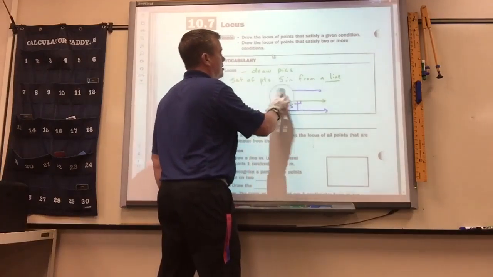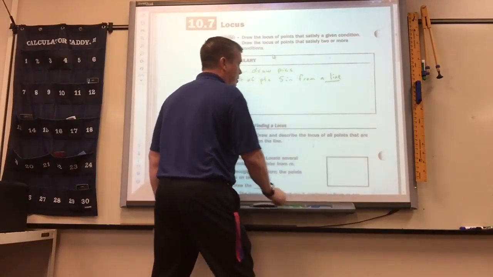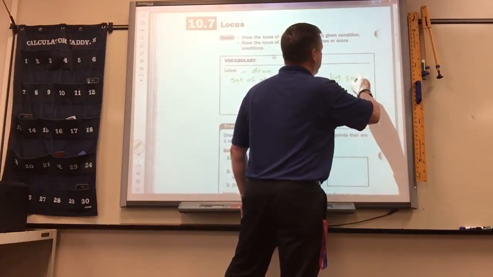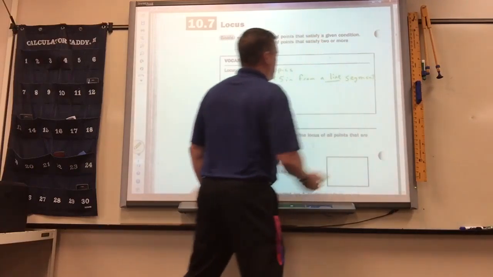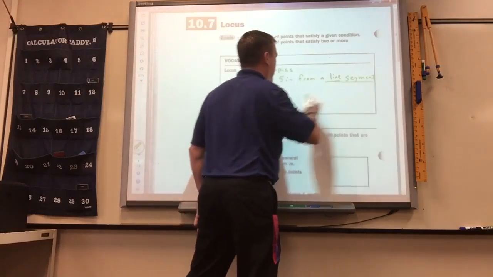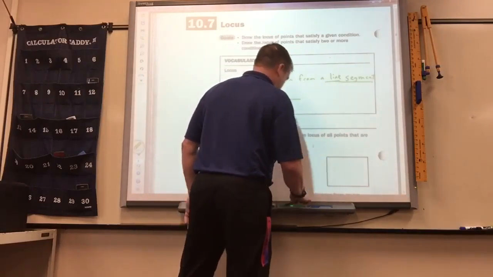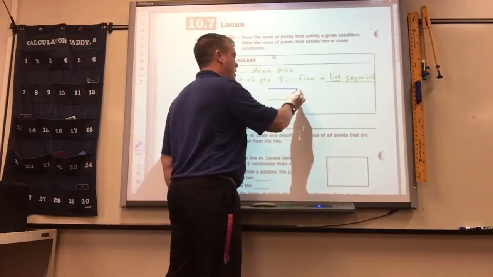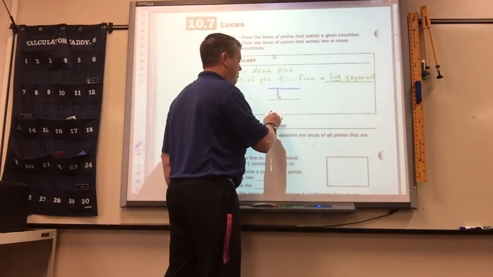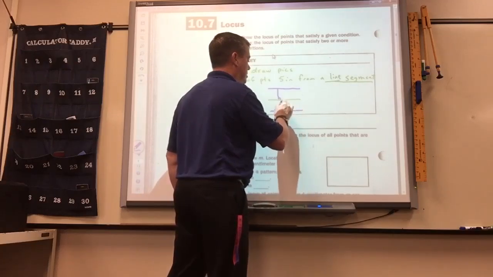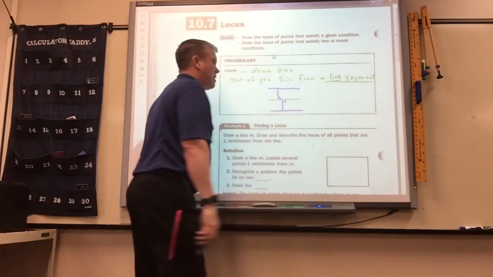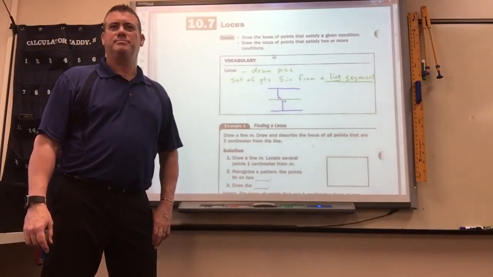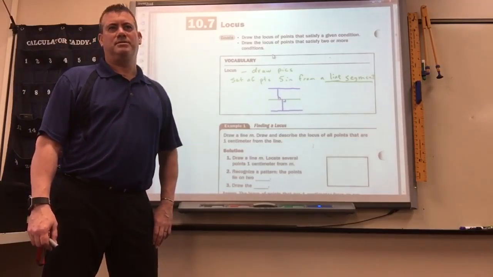Okay, another common one is, we'll just keep 5 inches from a line segment. So now you've just got a line segment. So you'd have to go up 5 inches, right? Down 5 inches. But then what do you do? Go to the sides too. What's it going to look like on the sides?